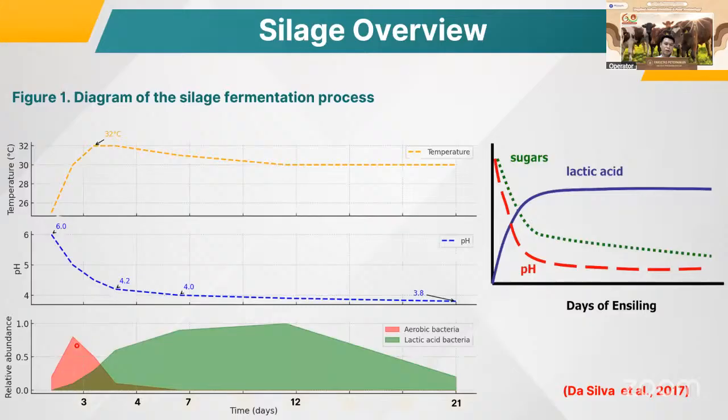And here, in the pink line, at the earlier fermentation of silage, you can see that undesirable bacteria like aerobic bacteria can appear. This could be because during the earlier fermentation, oxygen might be contained in the forage, so aerobic bacteria can consume oxygen for their growth.